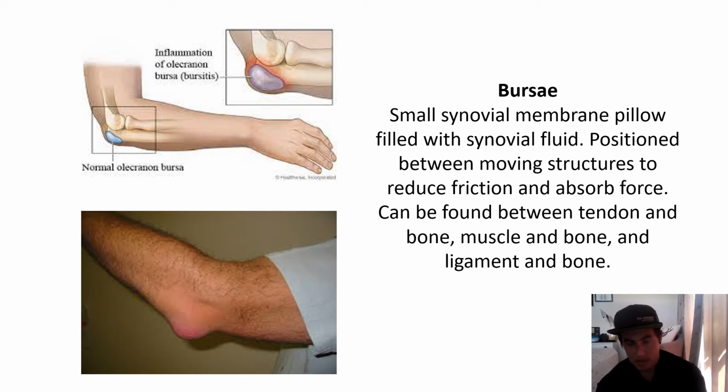Bursa are like pillows full of synovial fluid, positioned in a joint between moving structures to reduce friction and absorb force. Quite often they're found between a tendon and a bone. If you think about tendons and bones rubbing together, not ideal, lots of friction, heat, damage. Bursa is there to try and prevent that friction and reduce wear and tear.